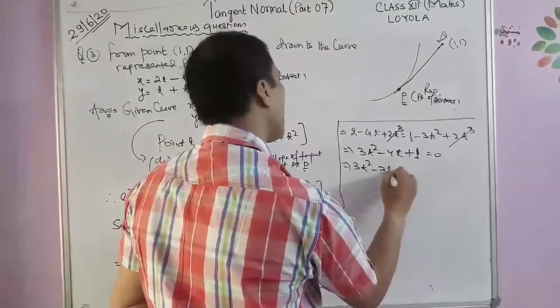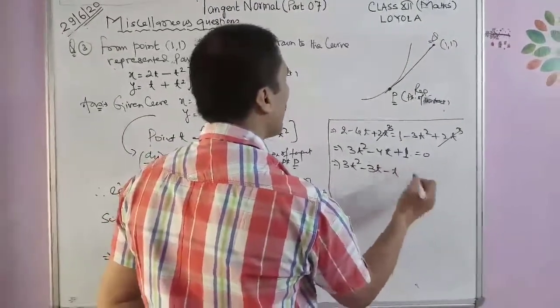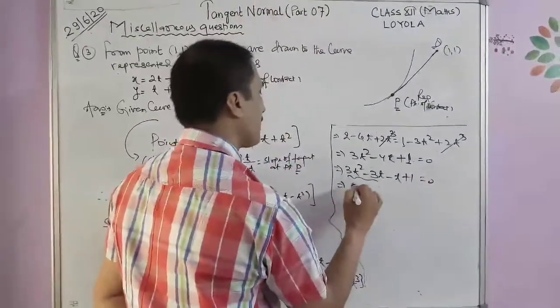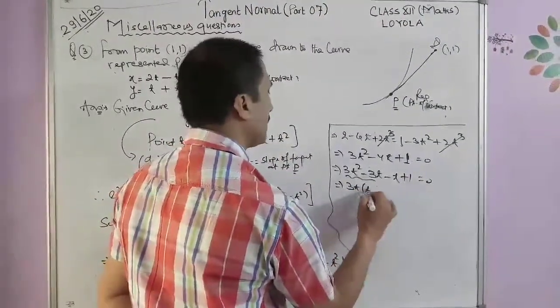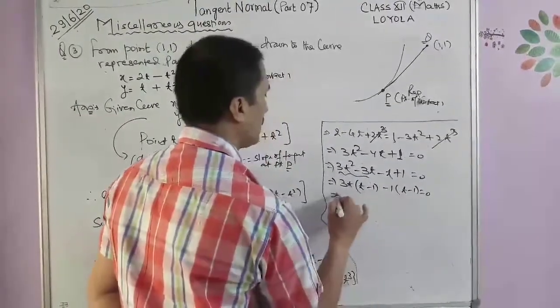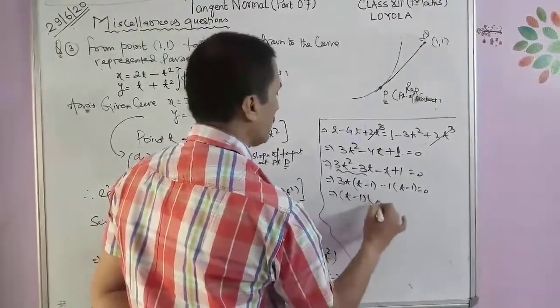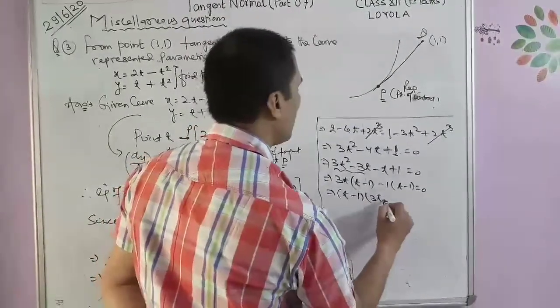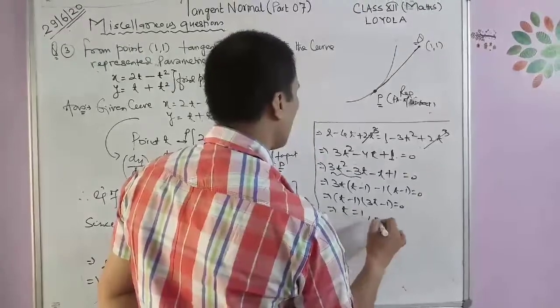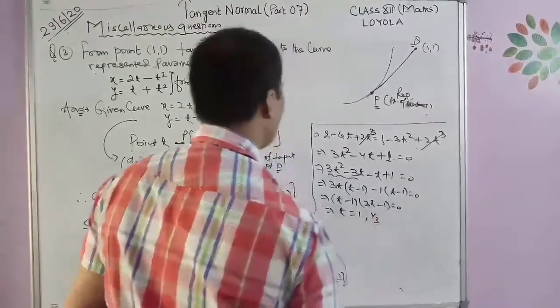So 3t square minus 3t minus t plus 1 equal to 0. 3t(t minus 1) minus 1(t minus 1) equal to 0. (t minus 1)(3t minus 1) equal to 0. So t equals 1 and 1 by 3.